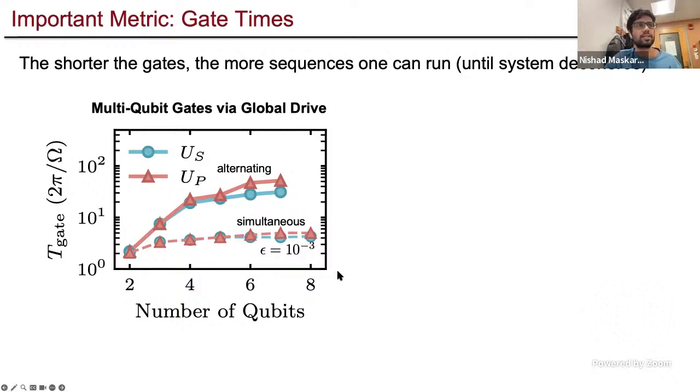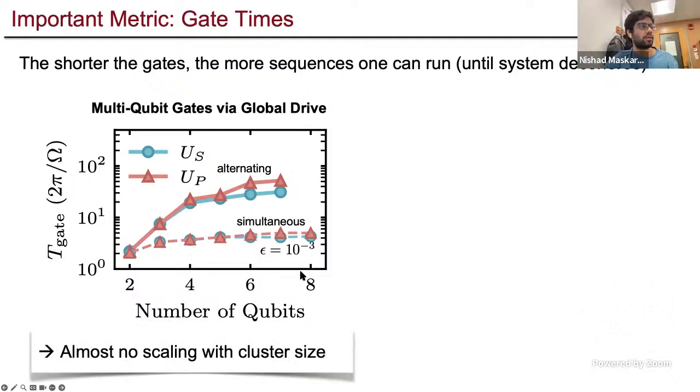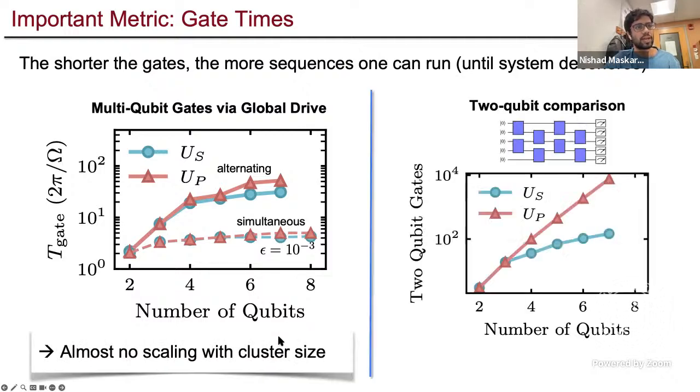Nevertheless, this is still a pretty cool and powerful way of engineering these interactions, because if you were to compare this with, say, a standard quantum computing 2-qubit based decomposition of these operations, you get almost exponential scaling with the number of qubits within the cluster.